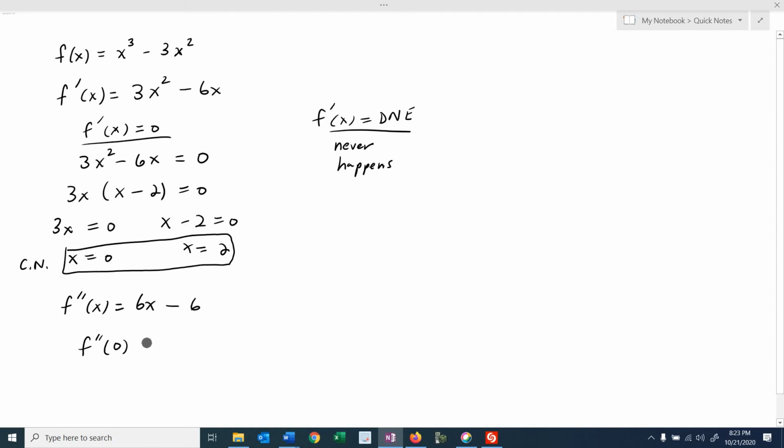And notice you get negative 6, which means it's concave down at that critical number. And if it's concave down at that critical number, then that means you have a local maximum at that x value.